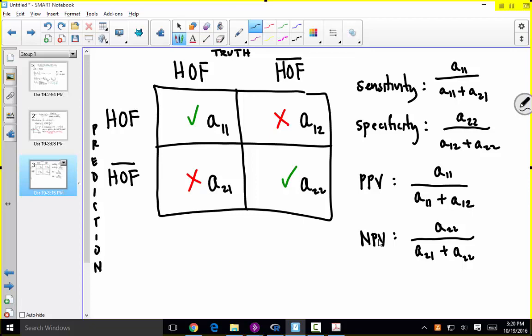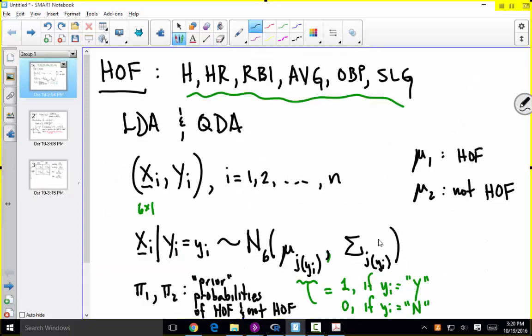Let me say something about LDA versus QDA. Back on the first slide here, I said that the assumption is multivariate normality. Initially, we've written this normal distribution as having a mean vector and a covariance matrix that's specific to class. Class-specific means and class-specific covariances. That is equivalent to QDA.